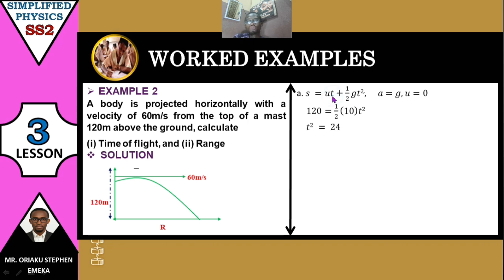So t squared is 24, and the square root of 24 gives us 4.9 seconds. To find the range, that is horizontal distance, we say horizontal velocity times time of flight, which is 60 times 4.9, and that gives us 294 meters. So the horizontal distance this body is going to cover is 294 meters.